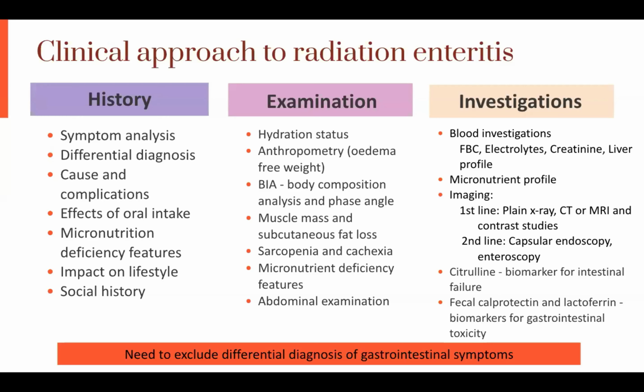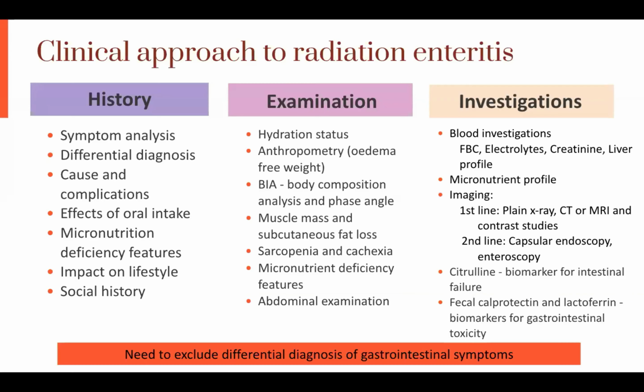So symptom analysis and looking for the differential diagnosis of radiation enteritis, like other causes of diarrhea if the patient presents with prolonged diarrhea, is important. And then causes and complications of it, looking into the effect on oral intake, what has happened to it now, whether the patient has symptoms and signs of micronutrient deficiency, and what is the impact on life and the social history. In examination, you have to look at the hydration state.